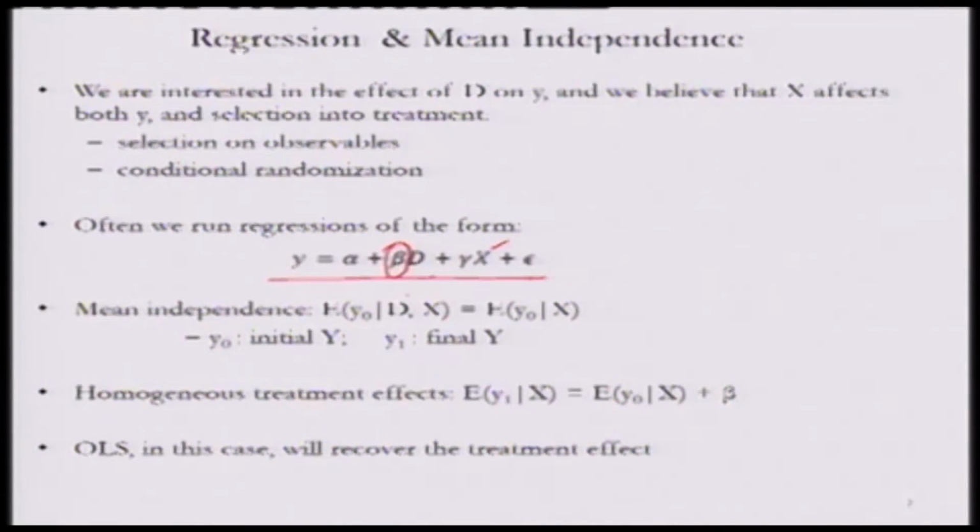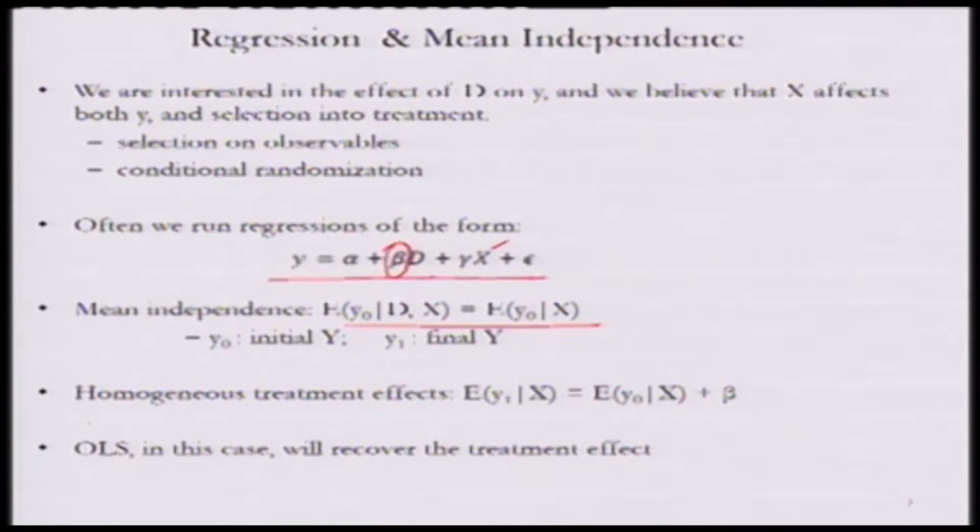What we are saying over here is that the assignment of treatment given by d is independent of this y0 once you condition on x. So, conditional on x, d is independent of y0. This is what the condition says, and that is what the mean independence condition is, specifically in the case where we have conditioning variables represented by x.